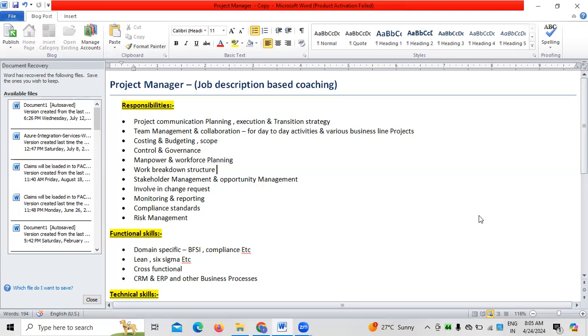Sometimes as a project manager we will be working on multiple projects. There is no single project. You might be required to manage multiple projects in the real world, so multi-project tasking is also required. That sort of clarity is required for any project manager. So one of the key responsibilities will be of this sort.